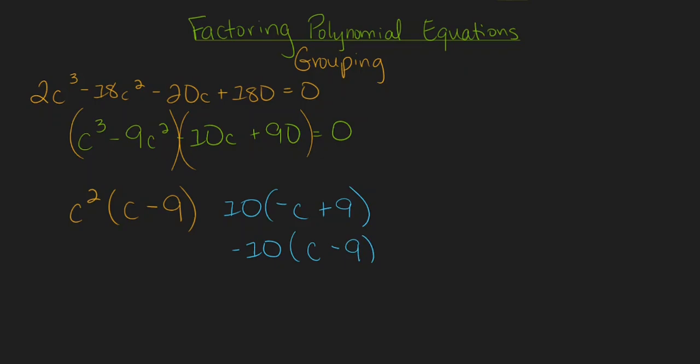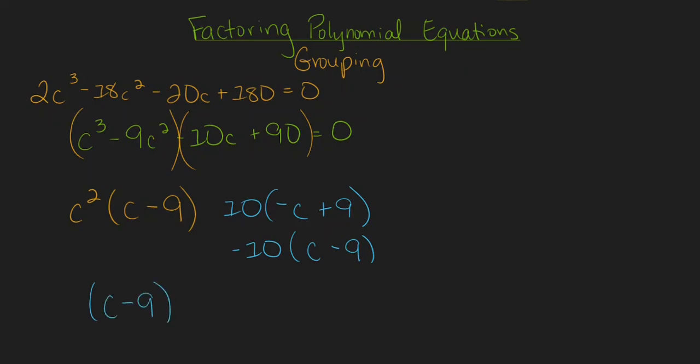Now that I have both parts of my original equation with their greatest common factor taken out, and I've made sure that the 2 expressions in parentheses match each other, I can use these to form the factored form of this equation. The first of my factors is going to be that repeated expression in the parentheses. So I'll have c minus 9.